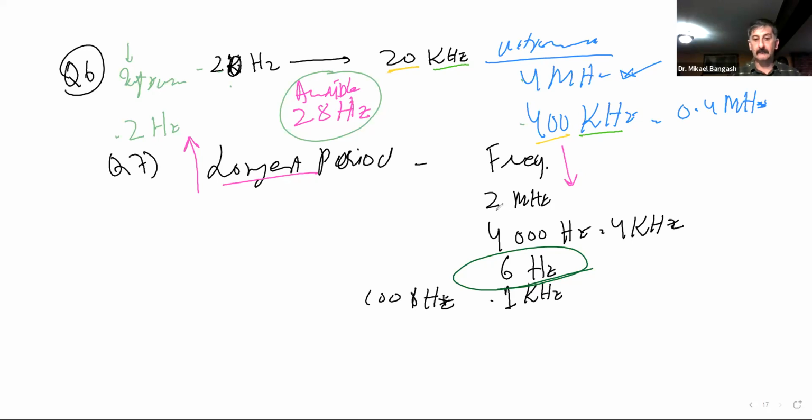What does this mean? That you have 2 million cycles in a second, 4,000 cycles in a second, 1,000 cycles in a second. So this is going to be 1/6 of a second. That's going to be the longest of all the periods, mainly because this was the lowest frequency.